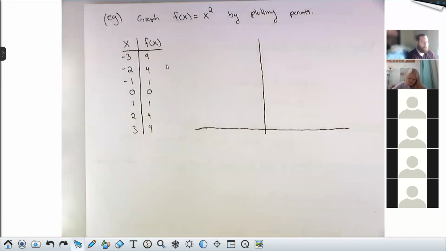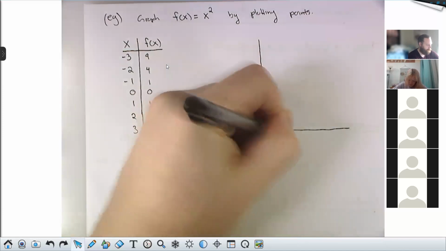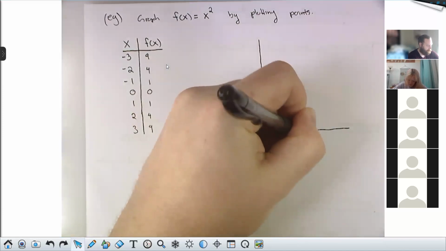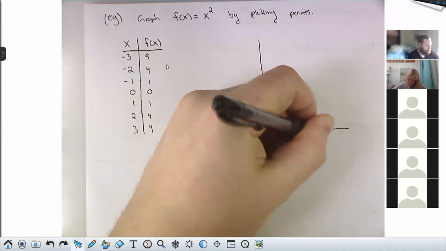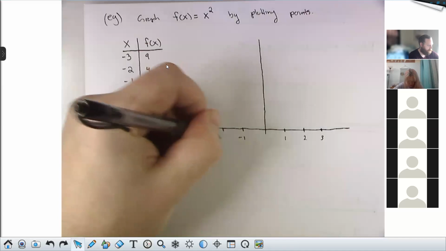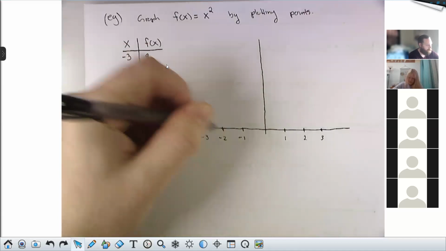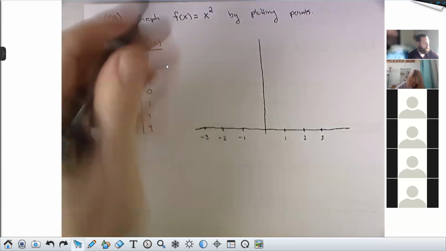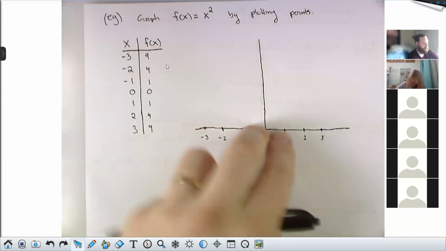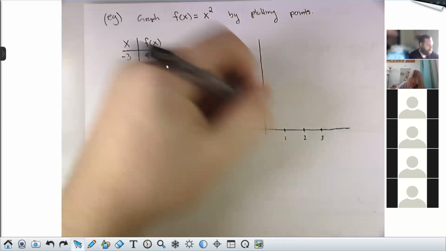All right, and I'm going to choose slightly different scales. For my x-axis, I'm going to do 1, 2, and 3. And we'll do the same scale on the negative side, -1, -2, and -3. But on my y-axis, I don't have a bunch of space. If I spaced things out the same way, 9 would be way up here. So I'm going to chop it a little more like this.